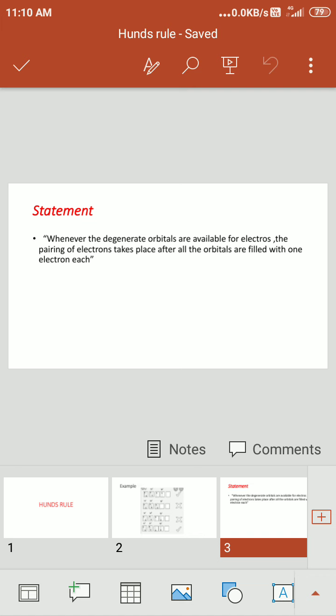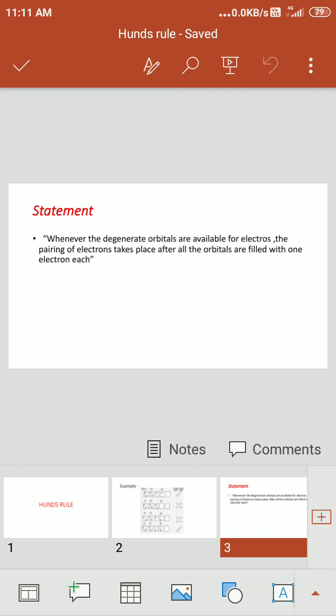For example, the p subshell has three orbitals, px, py and pz. These three orbitals have equal energies, and those are called degenerate orbitals. Like that, the d subshell has 5 degenerate d orbitals, and f has 7.